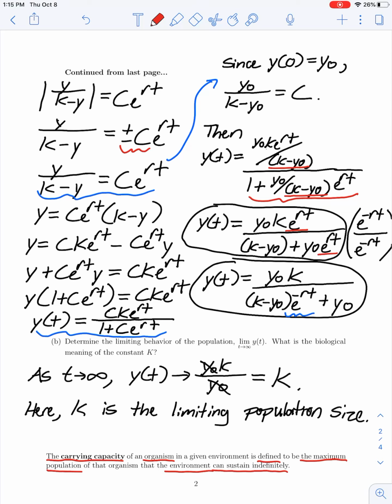So of course we can't have an infinite number of any organism because we have a finite amount of space and resources like food, water, shelter. So the carrying capacity is defined to be the maximum sustainable population of an organism in some given environment. And that is what this value K represents, that carrying capacity.